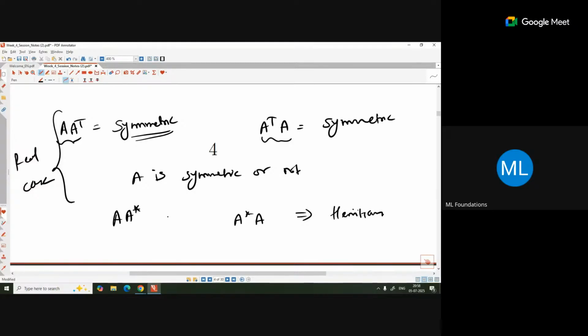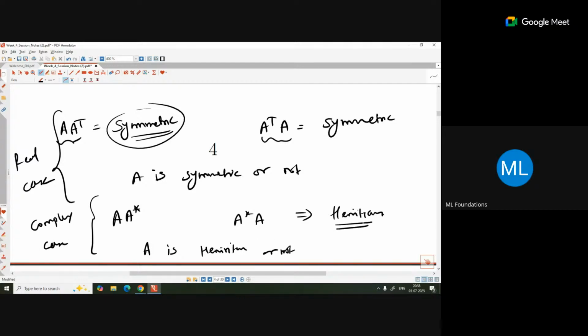I just forgot that property, but it is there. Whether A is Hermitian or not, it is analogous. In the real case, we talk about symmetry; in the complex case, we talk about Hermitian matrices.